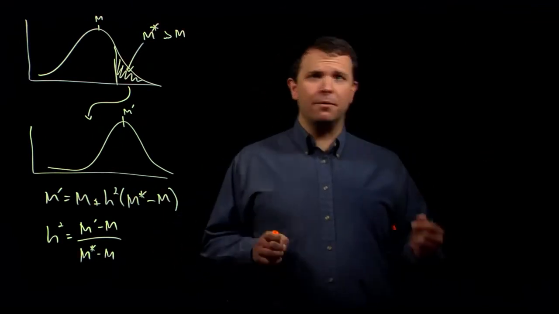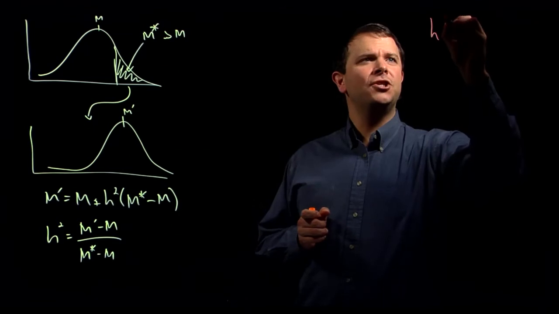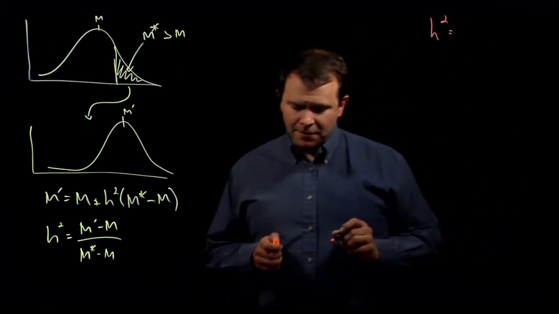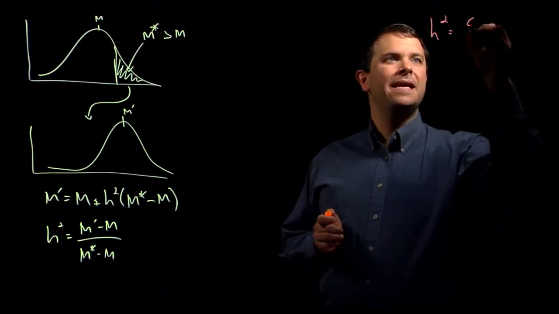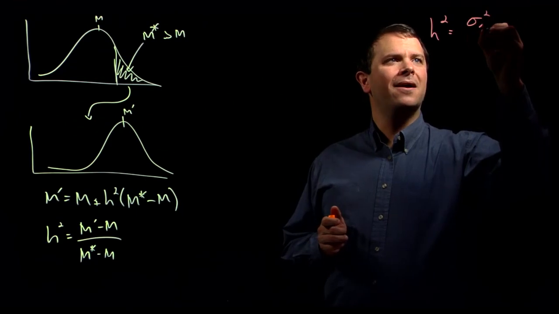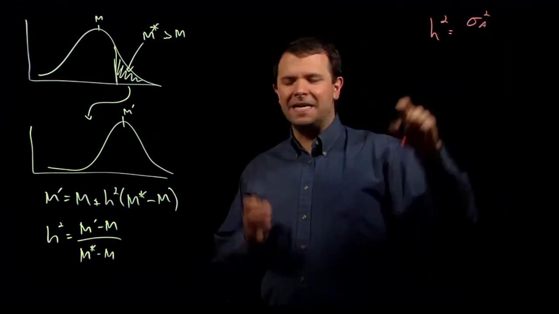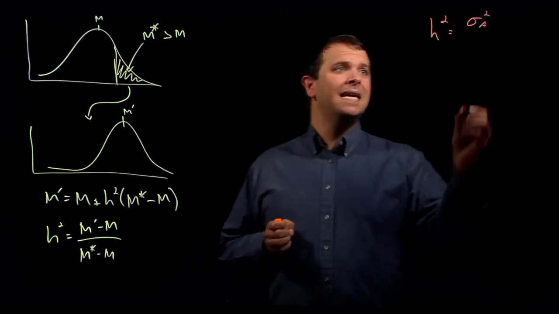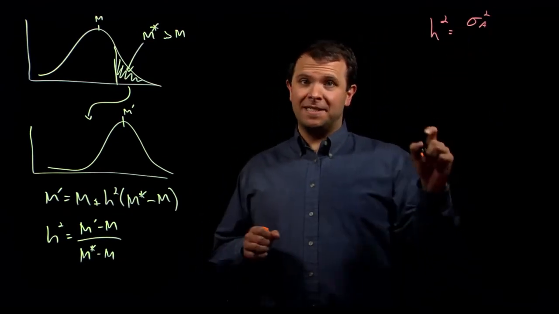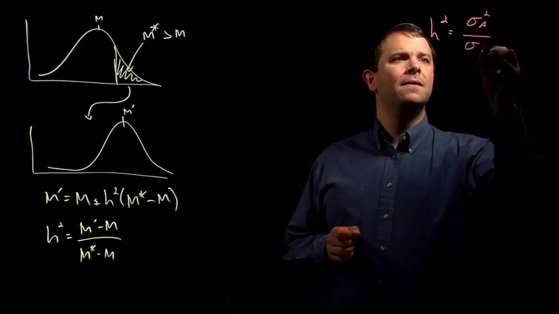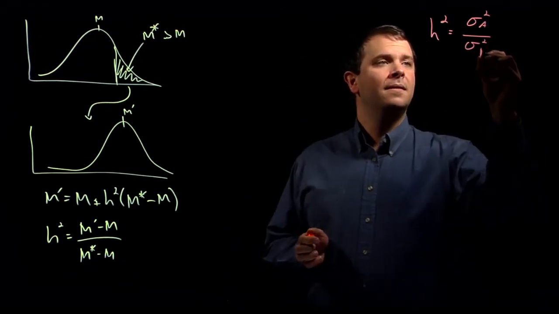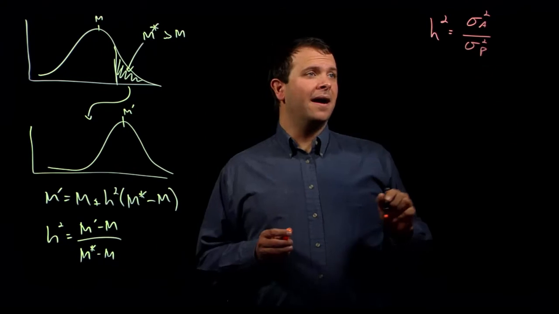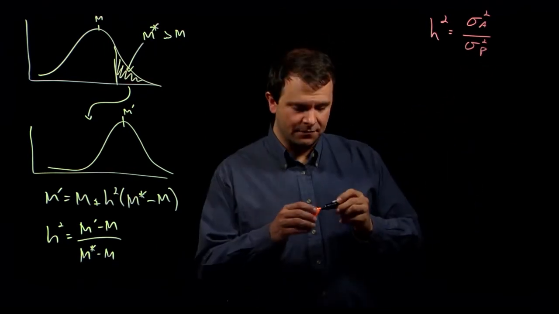And so remember that our definition of the narrow sense heritability is sigma squared A, the variance in phenotype due to differences in alleles, over the entire phenotypic variance that we observe.